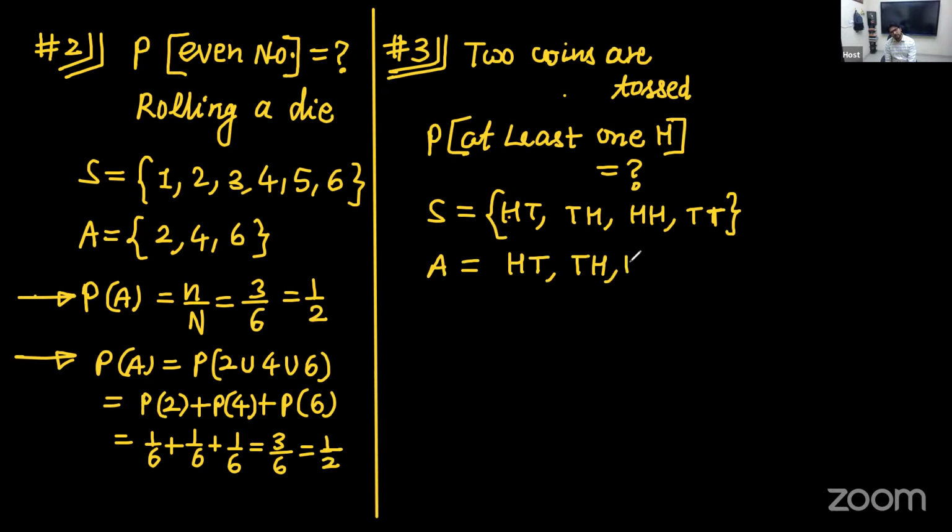How many outcomes favor you? 3. How many total outcomes are there? 4. Probability of getting at least one head becomes 0.75. As simple as that.